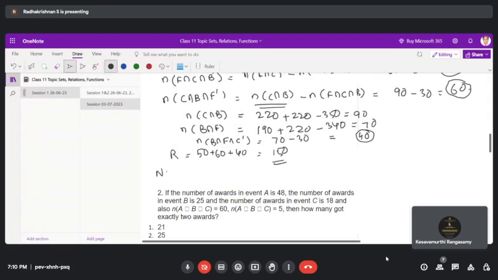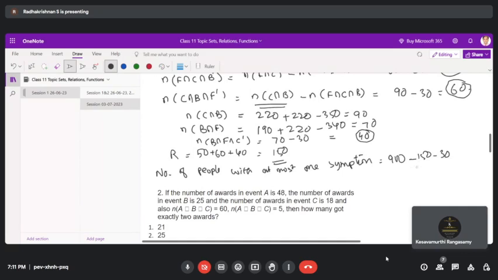So the number of people with exactly 2 symptoms is 820. The number of people with at most 1 symptom is equal to the total, and we have to subtract those with 2 symptoms and 3 symptoms.